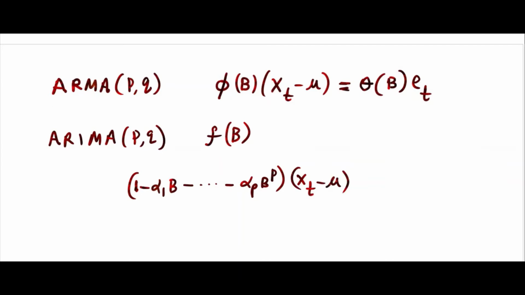So we need another one in ARIMA, pdq, okay, pdq. So this is there, and for this d, we'll write one factor here, okay, before xt minus mu.